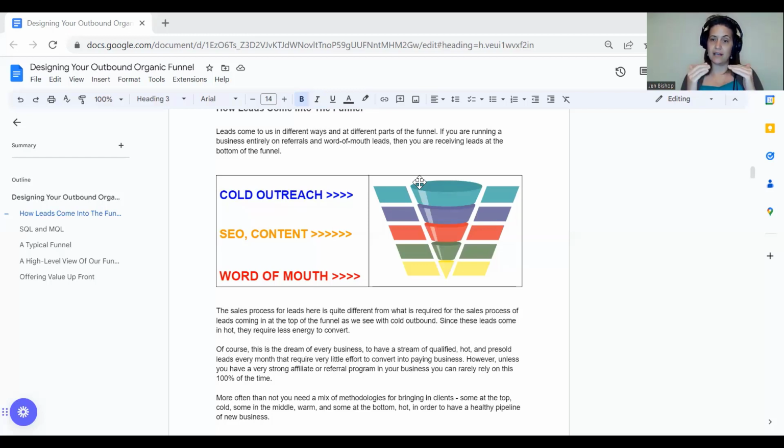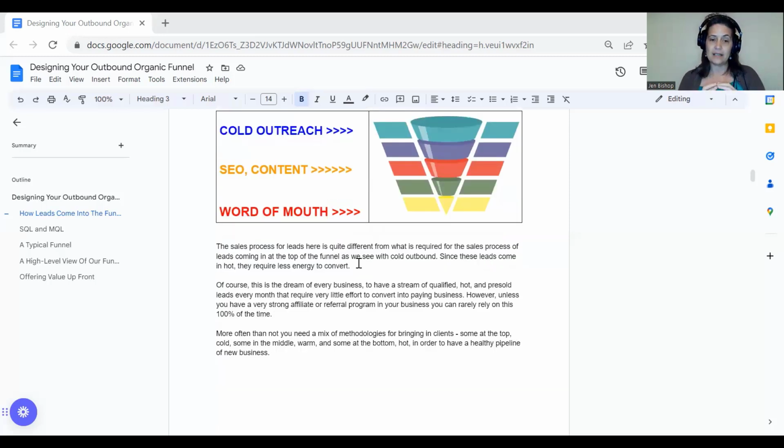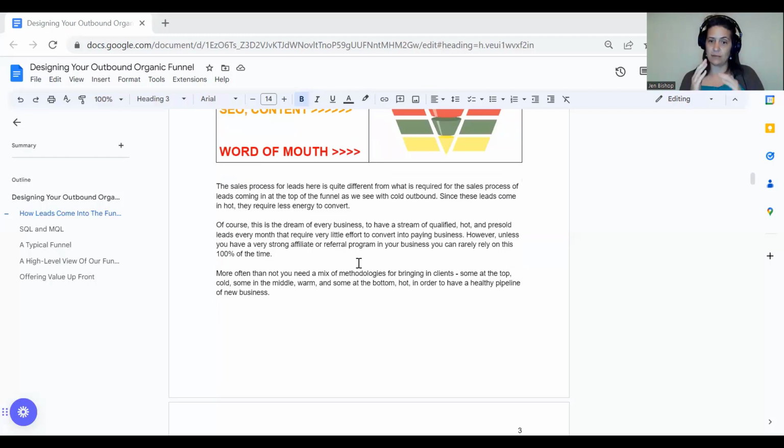You have to design a funnel that's going to bring you leads at different stages. And particularly if you do something like cold outreach, you're going to have different expectations about the nature of those leads and where they fit in your funnel. So really designing a mix of methodologies for bringing in clients, some at the top, some in the middle, some at the bottom, is a way of having the healthiest funnel, the healthiest pipeline for your business.